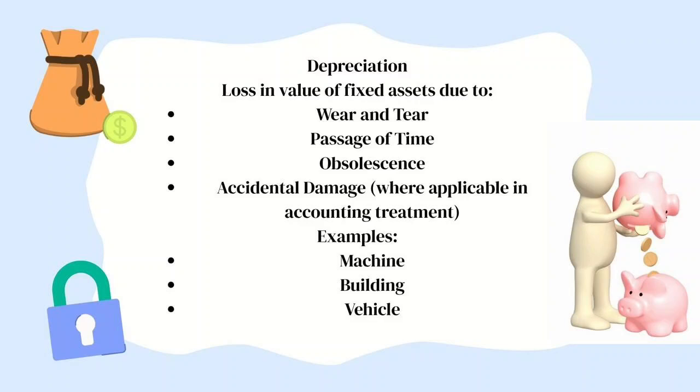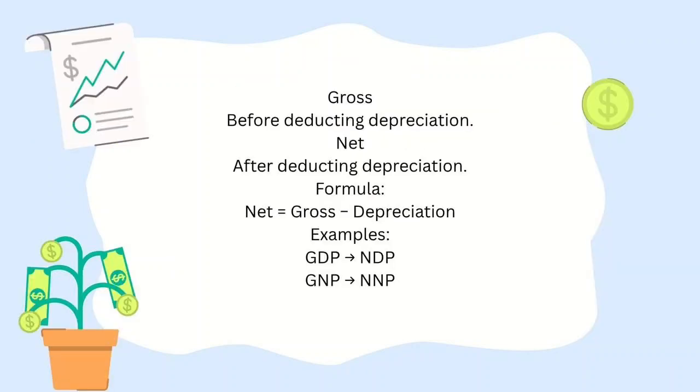Third, due to technological improvement, a perfectly working machine may become outdated if a newer and more efficient model enters the market. Depreciation is a very important cost because businesses need to replace worn out assets in the future. So remember that depreciation and consumption of fixed capital refer to the same concept in CBSE economics. Don't get confused.